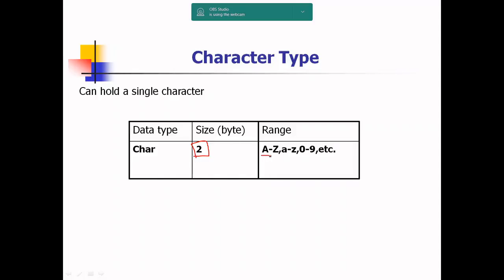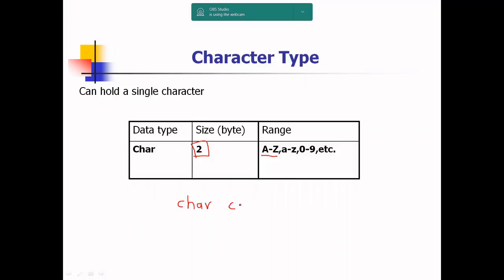We may store alphabets from capital A to Z, small a to z, numbers from 0 to 9, or any other symbols in the character type which is enclosed in single quote. We can declare a character variable in Java in a similar way like we declare a character variable in C. So we can declare it as char, then your variable name, let me say c.